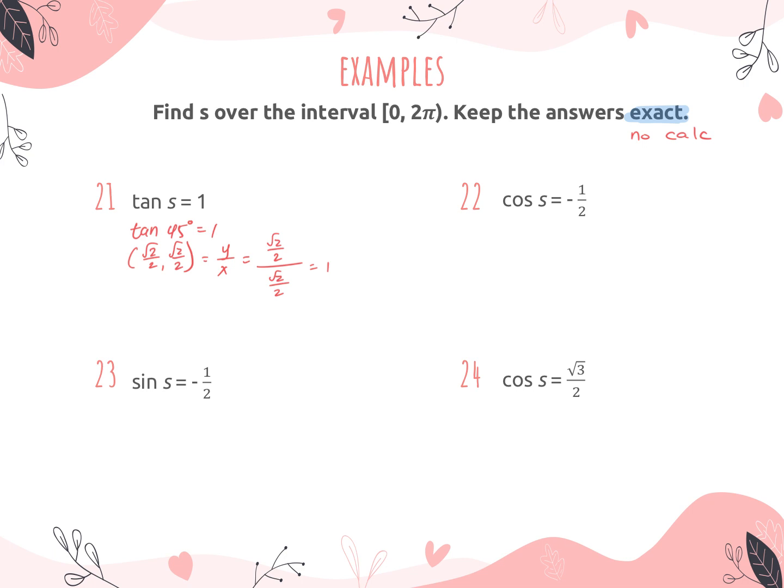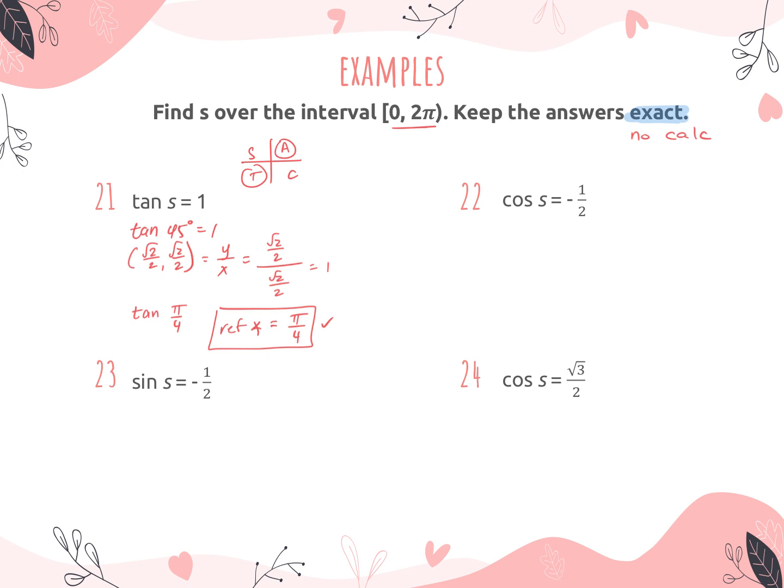In terms of radians, however, you know that the tangent of pi over 4 is equivalent. So I know that my reference angle in quadrant 1 is pi over 4. Now, I need to figure out in what quadrants is my tangent positive, right? All students take calculus, and I know in quadrants 1 and 3. So my reference angle being in quadrant 1 is definitely one of the angles in this interval.